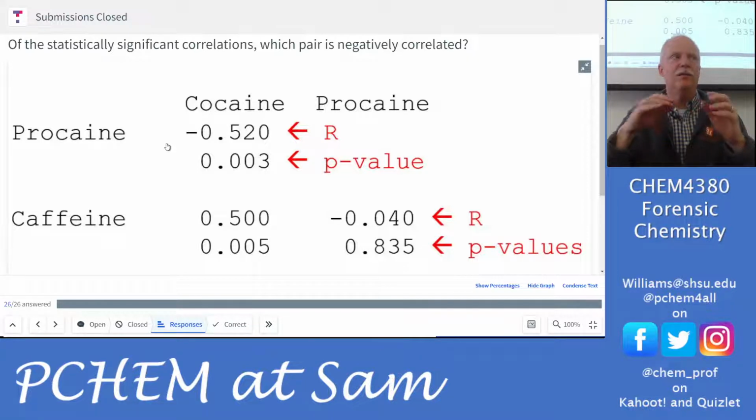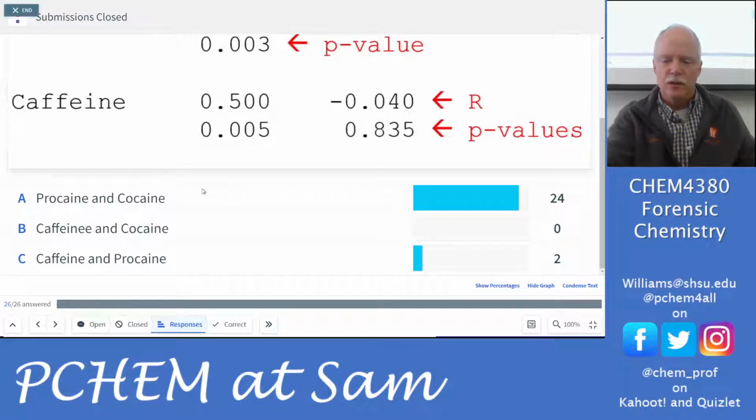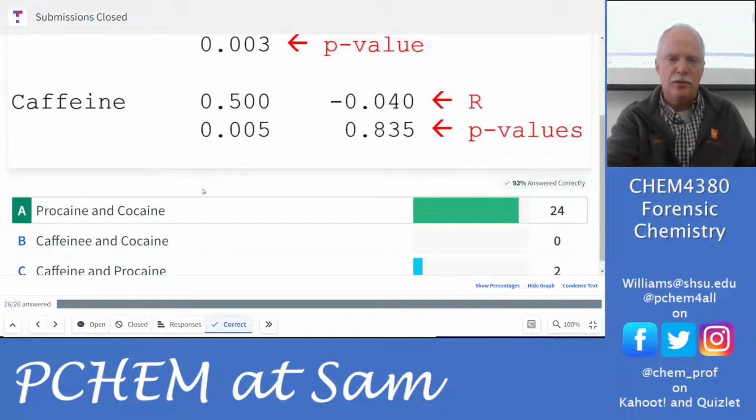It's a 1 over x dependency, whereas this is just talking about positive and negative correlation. So of course the top one is the correct one. Procaine and cocaine are statistically significant and they're negatively correlated.